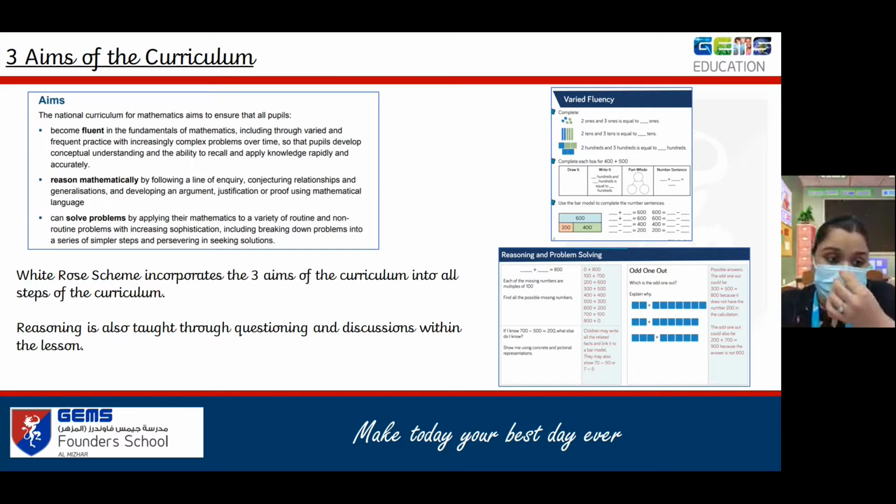The third step is problem solving, which is applying their mathematics knowledge to a variety of routine and non-routine problems that are posed in front of them within the lesson. So each maths lesson taught in primary is broken down into 3 simple steps: fluency, reasoning, and problem solving.